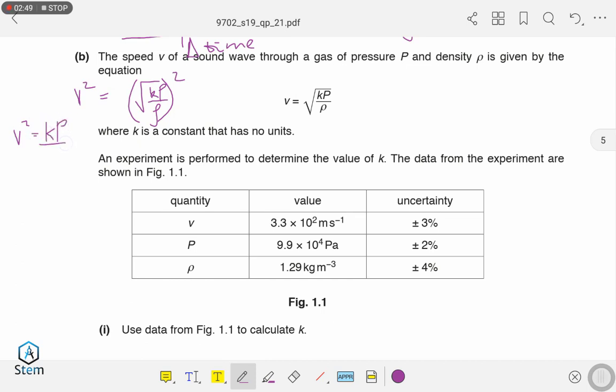KP divided by ρ. Now we are going to divide both sides.